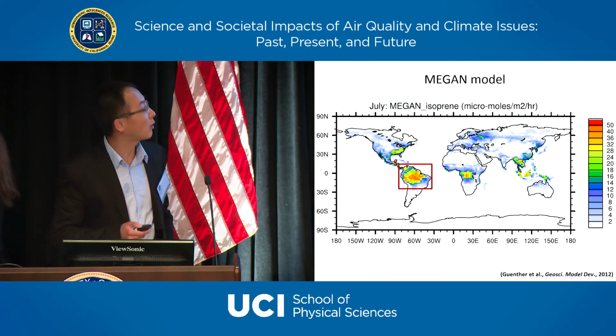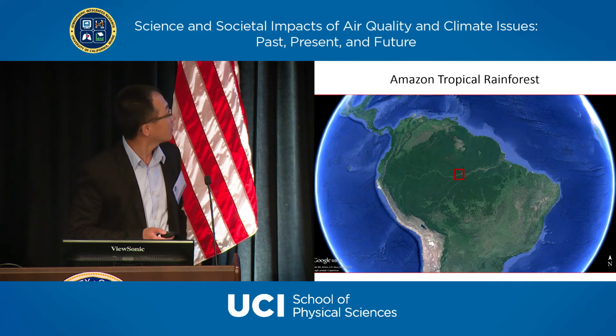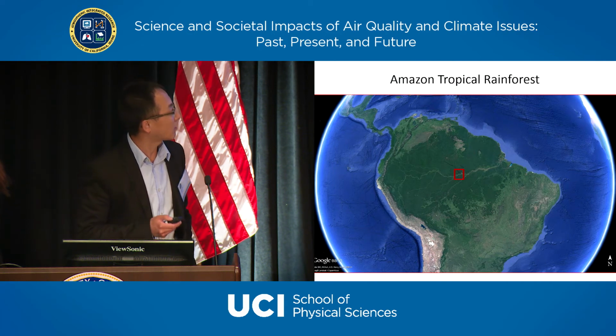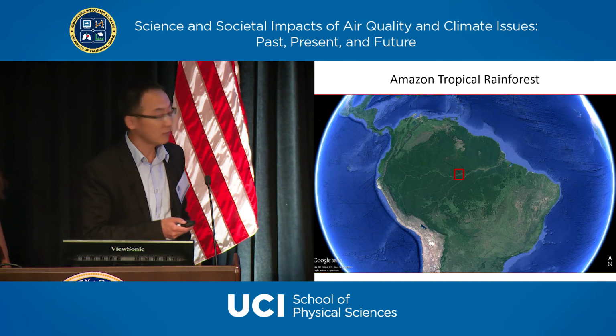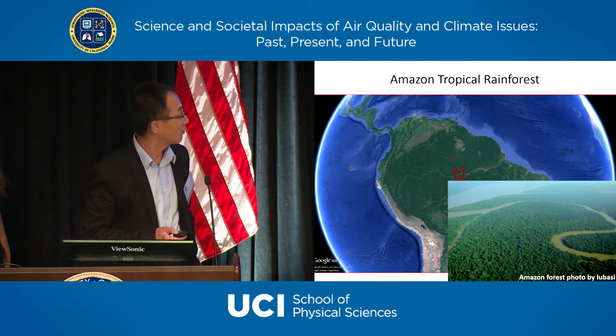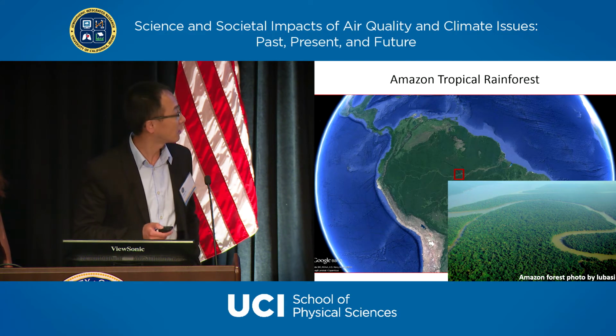So to test our model, we went back to the field again. Then in 2014, we joined the GoAmazon project at the center of the Amazon forest, which has been discussed by Jim and Alison yesterday. So just like this photo, from the air, the central Amazon is covered by similar big trees.